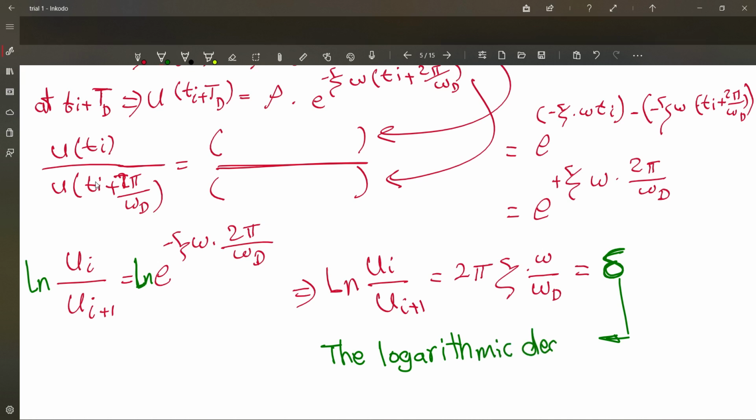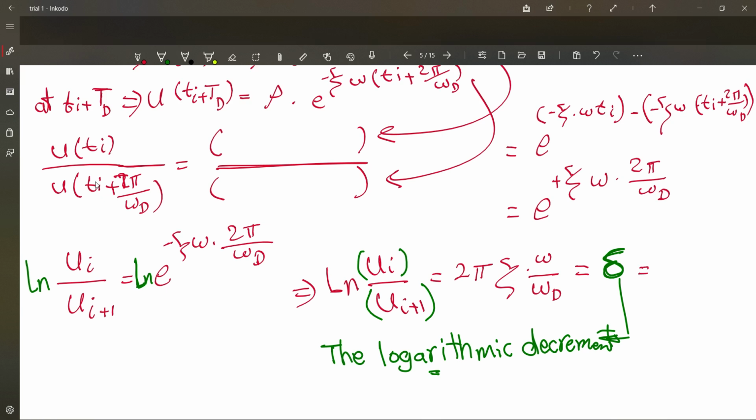What is the meaning of this? It is a kind of decrement between ui and ui plus 1. Okay, this decrement is logarithmic in nature. So we are going to give this designation, which is sigma, logarithmic decrement.